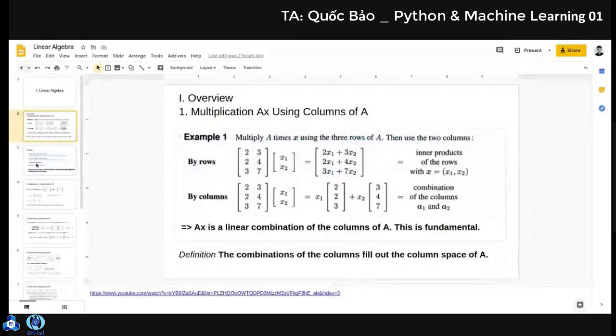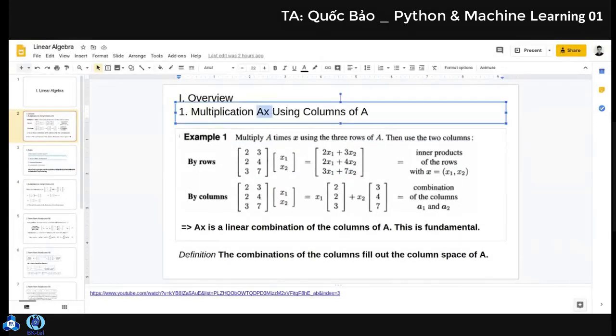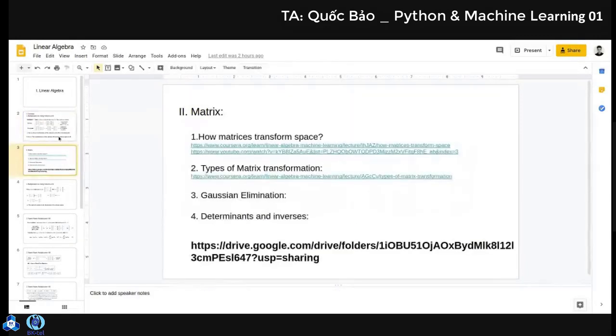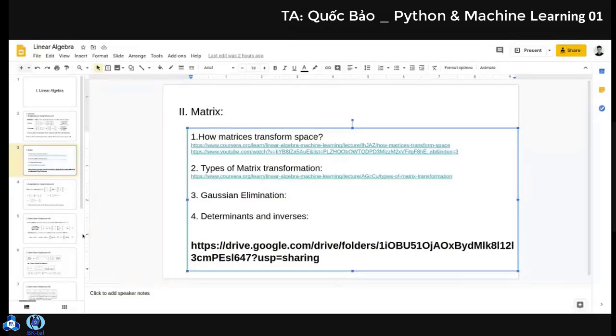Mình chỉ hy vọng sau buổi này bạn có thể nắm được ma trận nhân một vector thực chất là gì thôi. Sau này khi các bạn làm về machine learning hay data science, khi gặp lại thì các bạn có thể nhớ lại được.